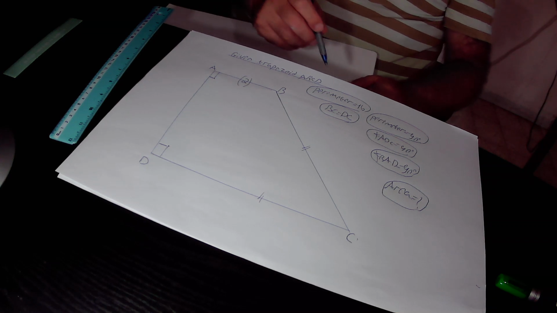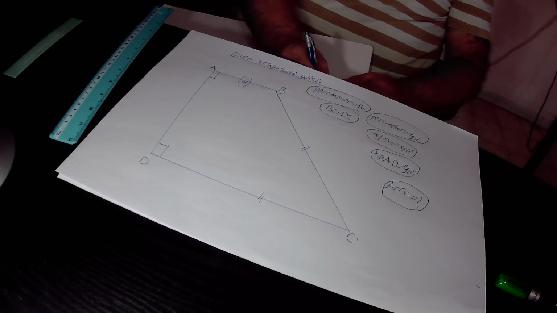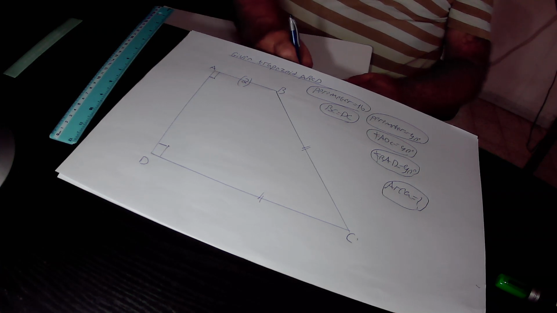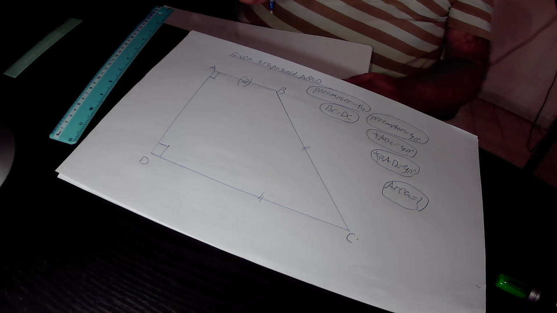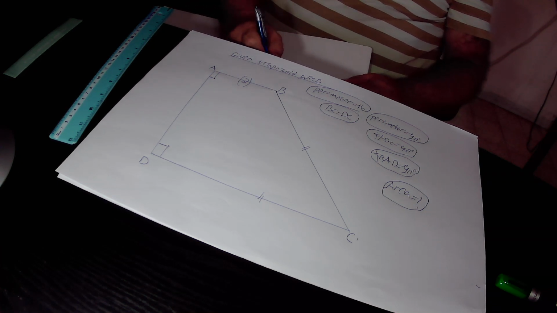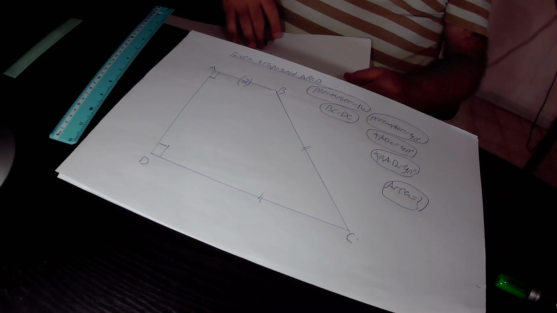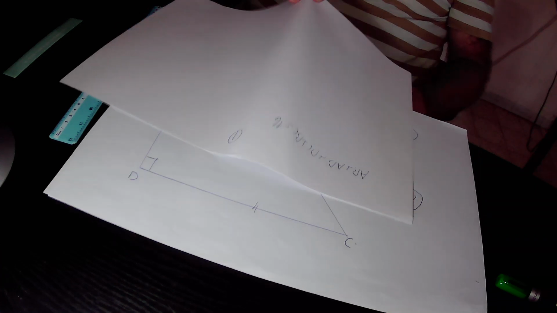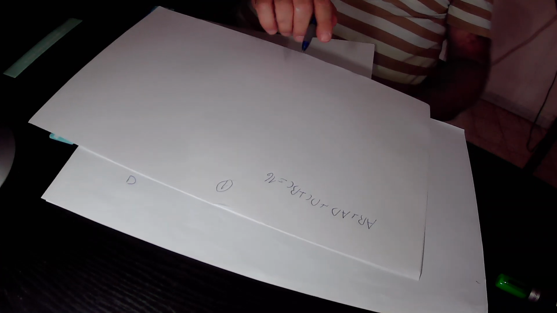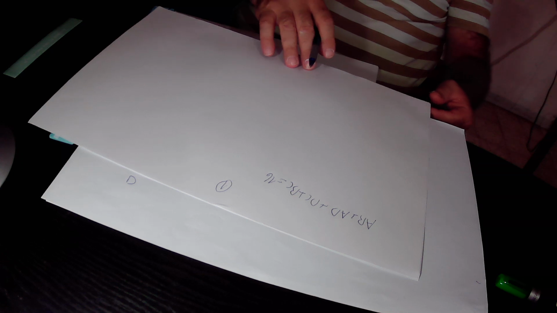AB plus AD plus DC plus BC, in total the sum of the lengths of all the four sides of trapezoid ABCD is equal to 16 units according to what is given in the question. Again, AB plus AD plus DC plus BC equals 16.